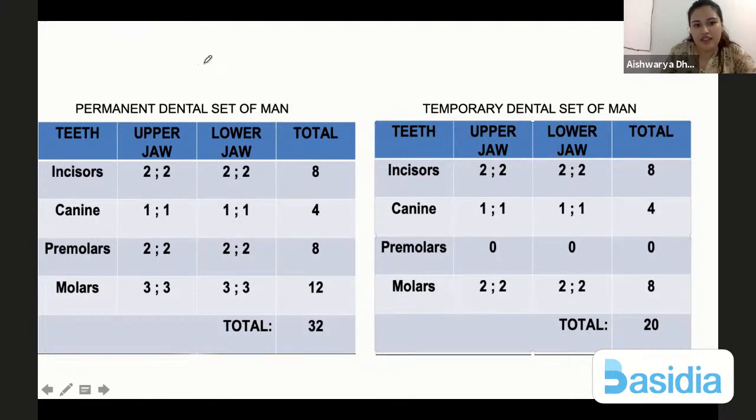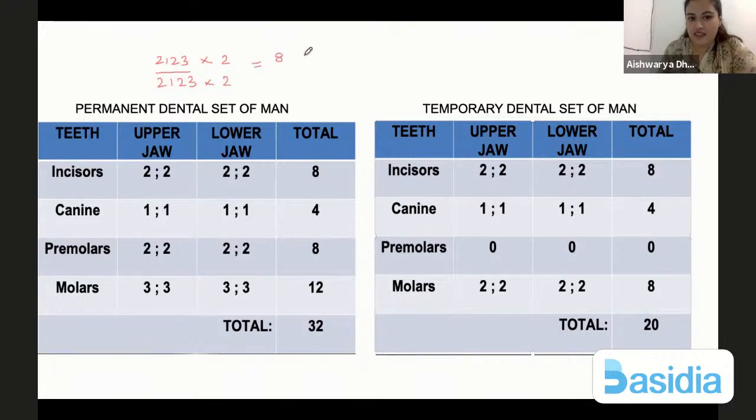Yes. So this is how you can calculate. Let's talk about the permanent dental set of man. 2123 into 2123. Both of them can be multiplied by 2 because we are talking about only one half of the face. So 2 plus 1 plus 2 plus 3 gives you how much? 2 plus 1, 3. 3 plus 2, 5. 5 plus 3, 8.